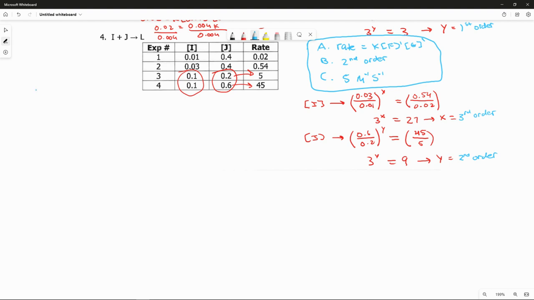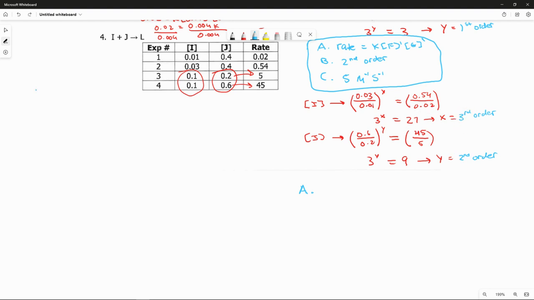We can write our rate law. Rate law is rate equals k times the concentration of A, which in this scenario is I, to the xth power, and the concentration of B to the yth power, and we figured out both of these.